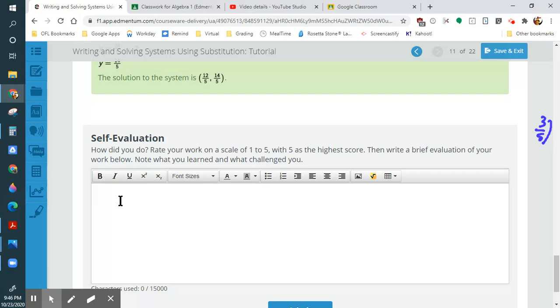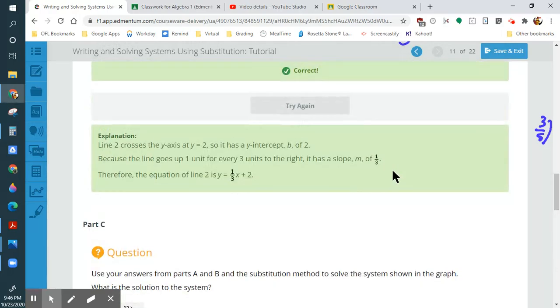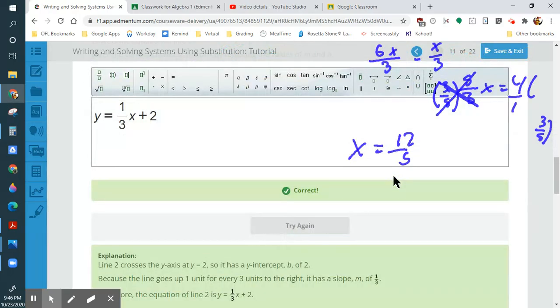So I think the hardest part for you guys was multiplying by the reciprocal. Reciprocal is the idea of us flipping it. When we flipped over this, oops.